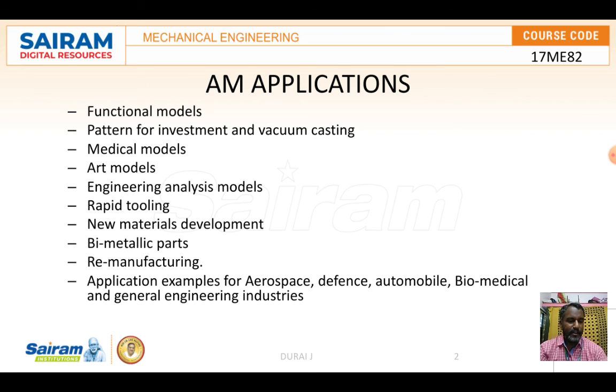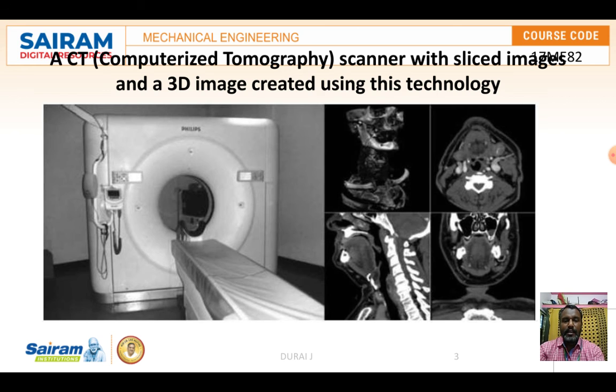Normally, when a new component is going to be produced, it is first checked: creating the component, assembling the component, and what the disadvantages are. They learn all those things by creating the model with the help of the additive manufacturing process.